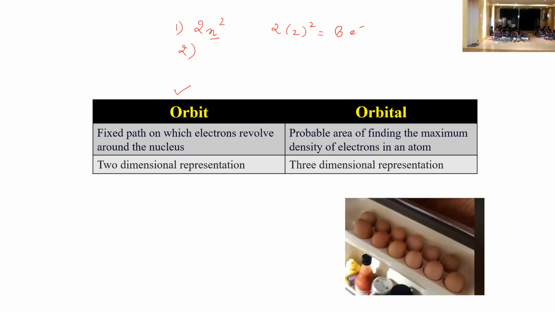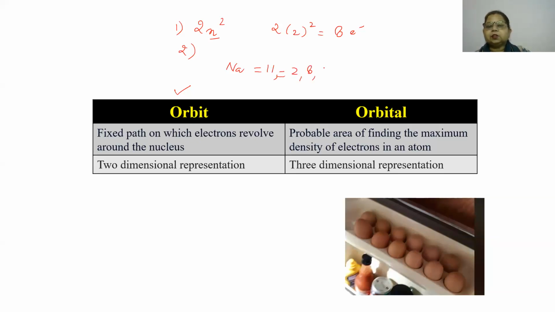Okay, let me explain it to you. See, when I say, let us draw the atom of sodium, atomic number 11, the configuration is 2, 8, 1. Now, till now we have been drawing, assuming this is a nucleus. This is the first orbit. This is the second orbit.